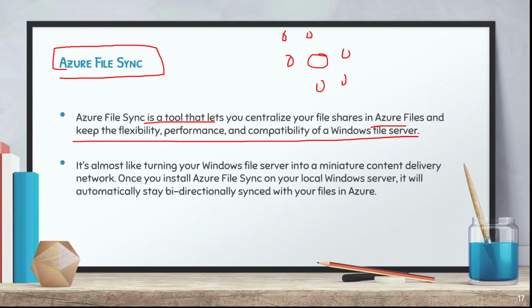Let's say a file is present here and you want to move it to some other place, and if it is used quite frequently, it will cache it. It will store the data on its server on a temporary basis, and it is a bidirectional sync with your files in Azure.